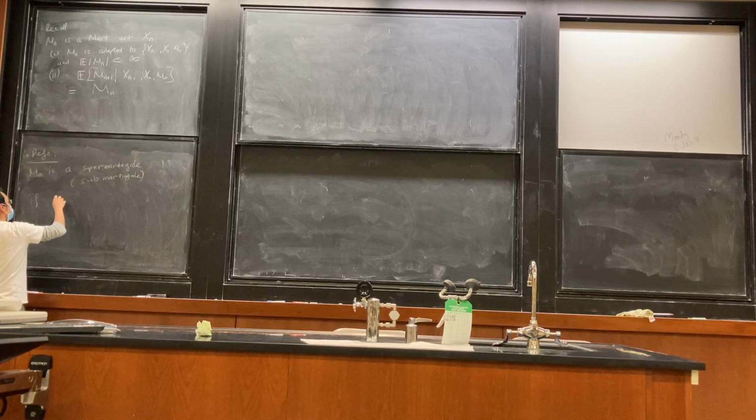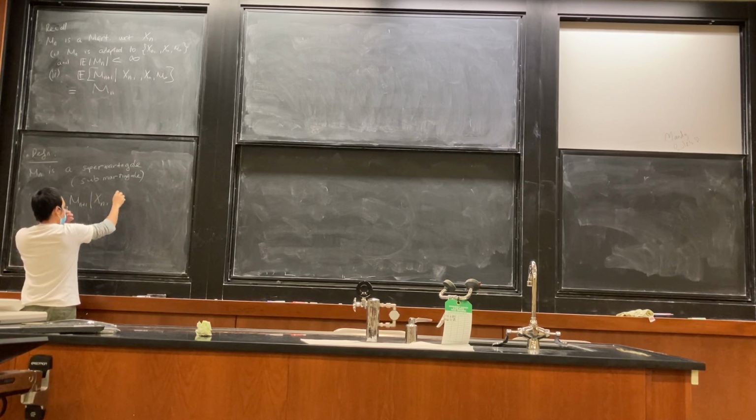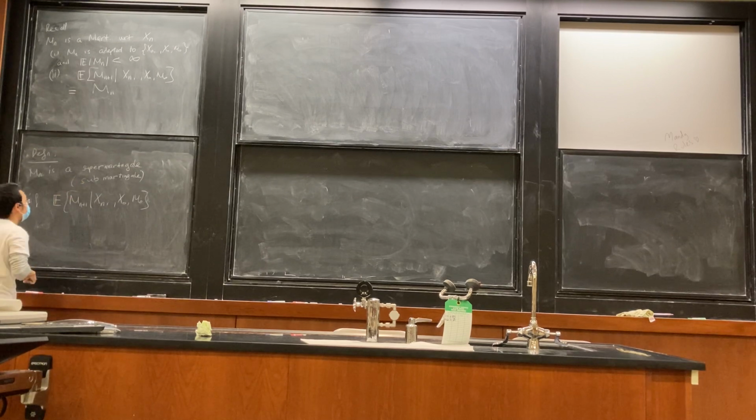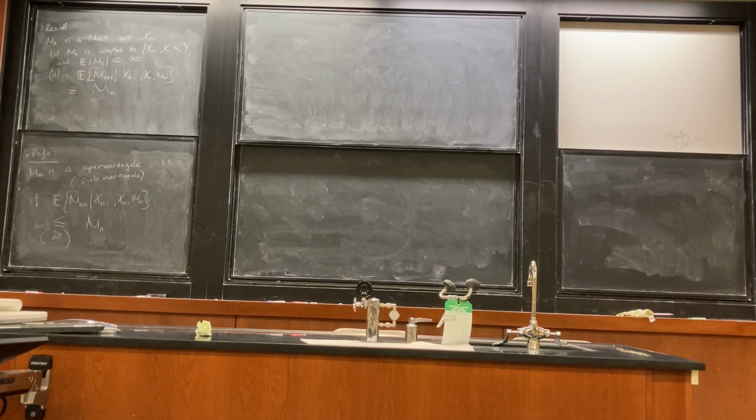The second one is changing a little bit. Anyway, expected value of Mn plus one conditioned on the past. It is a supermartingale if you have the less than inequality, or a submartingale if you have the other direction.